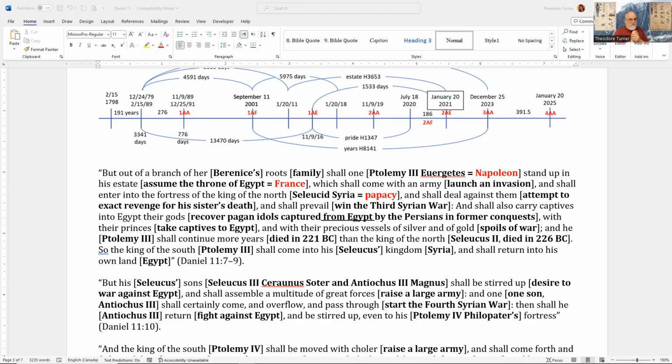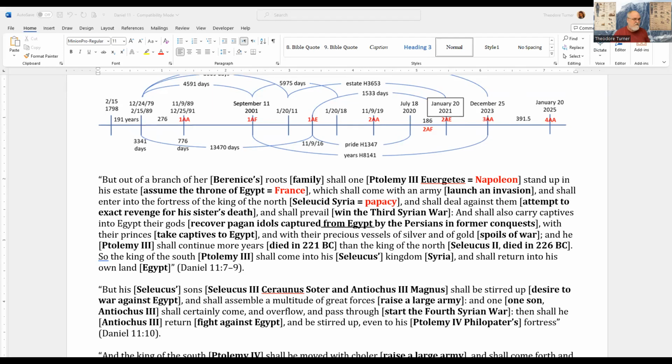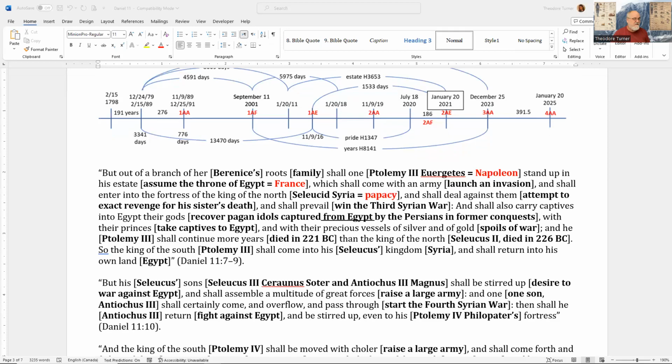Would that be Biden? Right. So because we could count with Biden, we have this word estate in Hebrew, 3653.